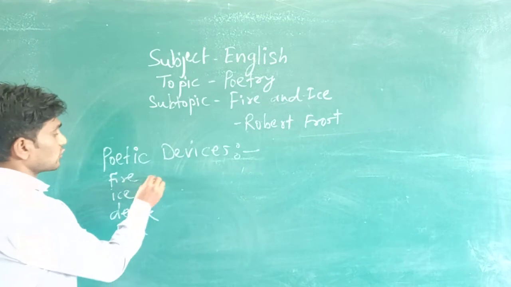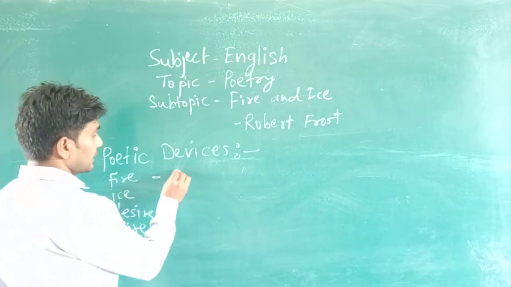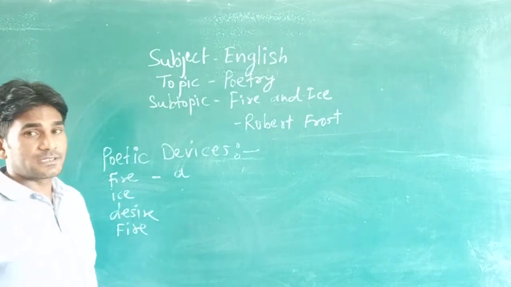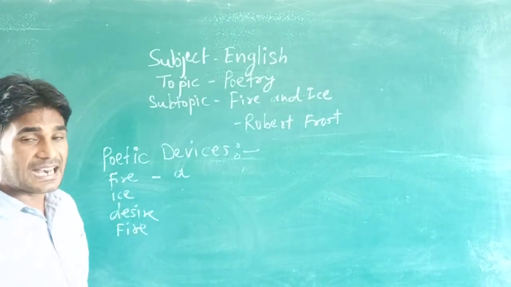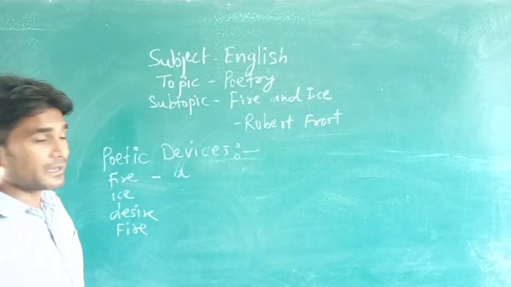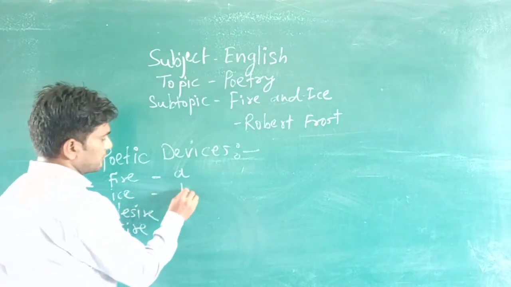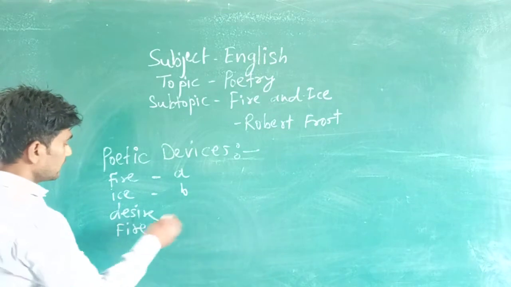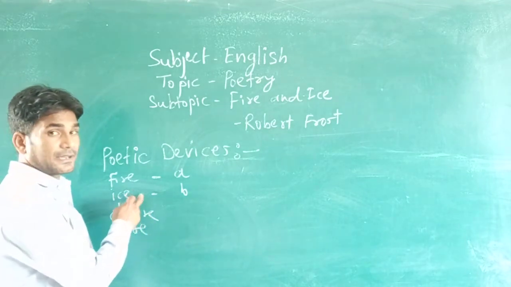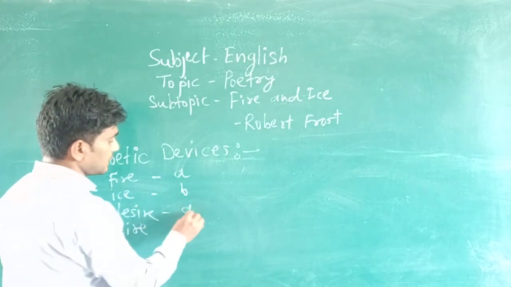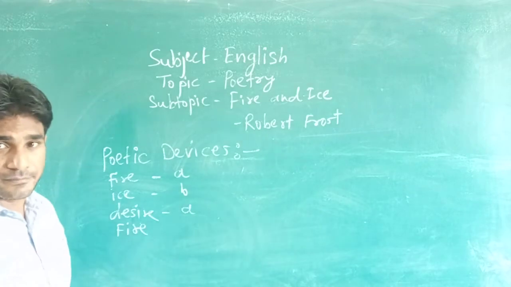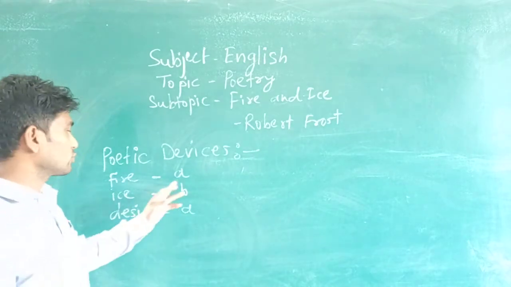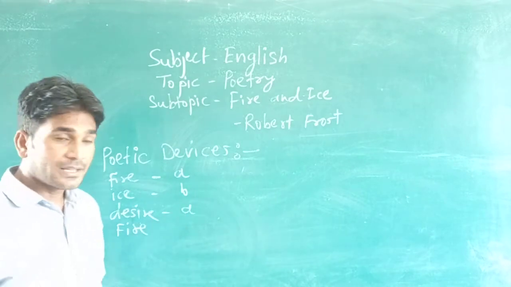First of all we have to give fire an alphabet. Second, we have to decide whether its sound is similar to the first one or not. Ice, fire: different sound. So give it the alphabet B. Then desire, fire: same sound, so give A, as we have given to fire. तो जो fire को जो alphabet दी है वही alphabet यहाँ देना है.